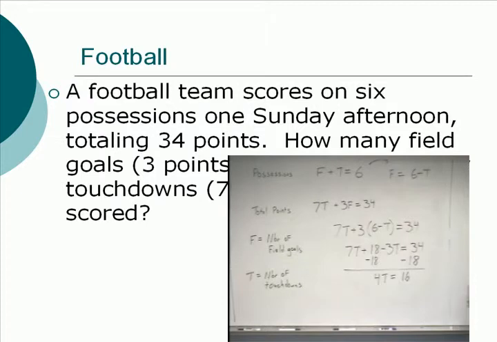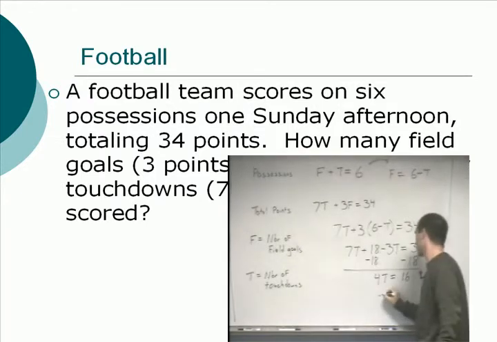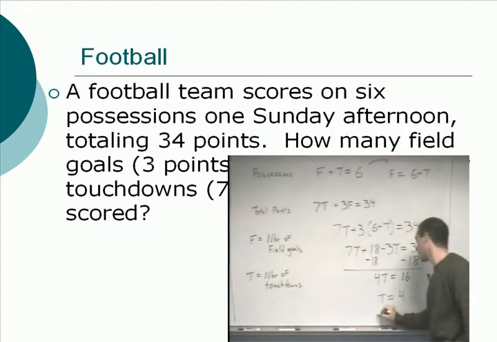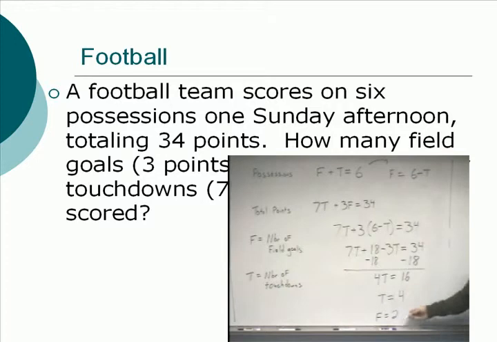And we can conclude that T is equal to 4. So we scored 4 touchdowns and apparently then 2 field goals. Now, that's definitely 6 possessions. Do the points work out? Sure it does. 4 times 7 is 28, plus 2 times 3 is 6, which gives 34 points. We're done. Okay?